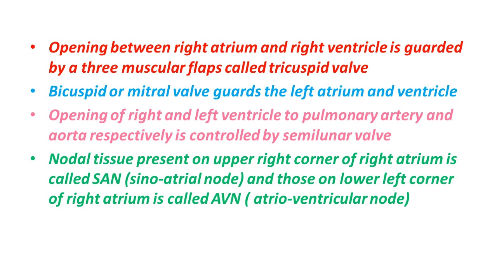So these valves prevent any backward flow of blood. This way deoxygenated and oxygenated blood flow separately in the human heart. So the main important role of the valvular structure is maintenance of flow in one direction in the human heart, and that is very important here.